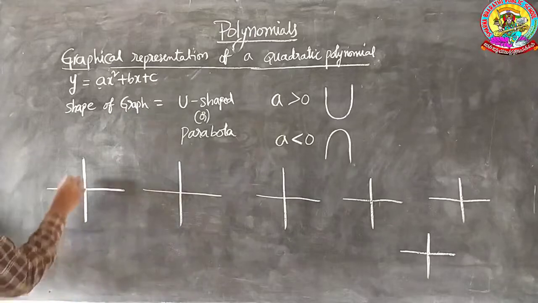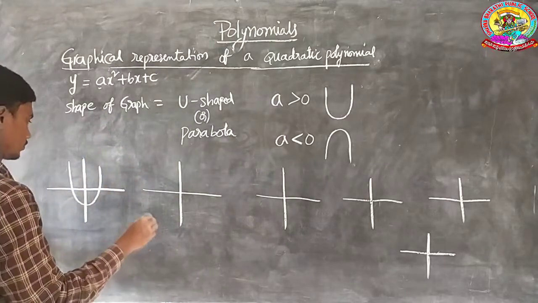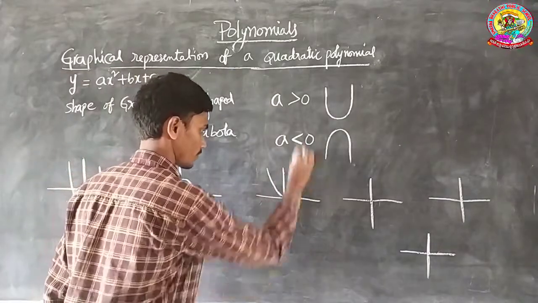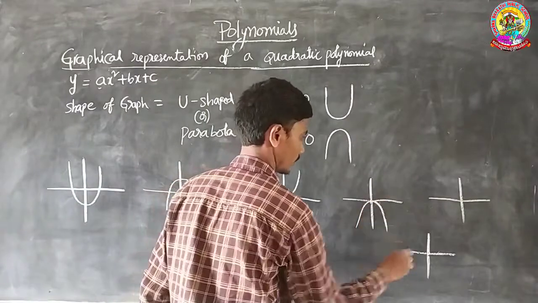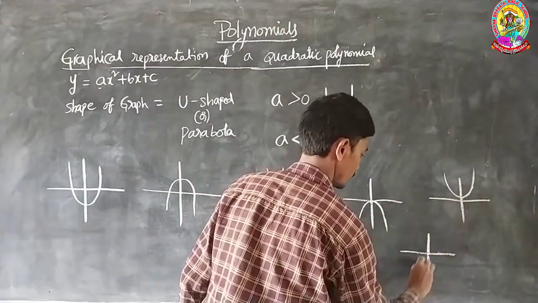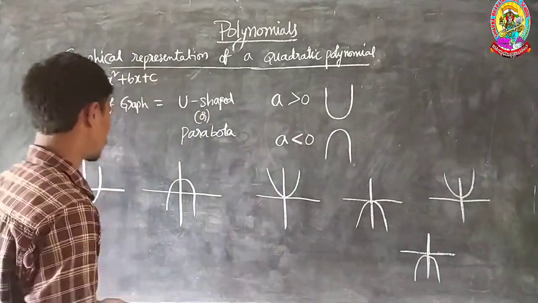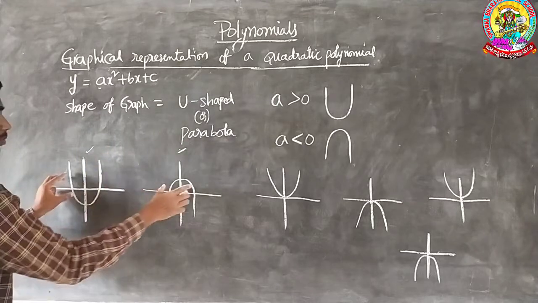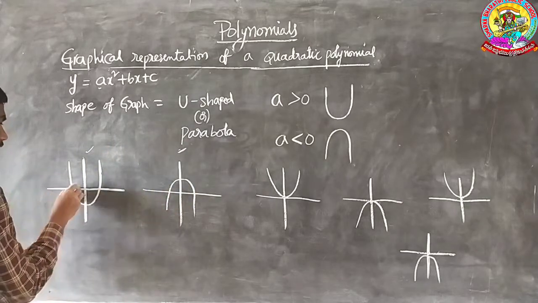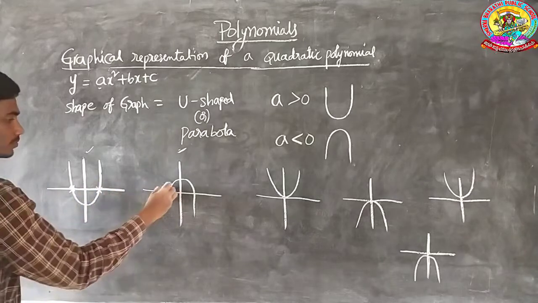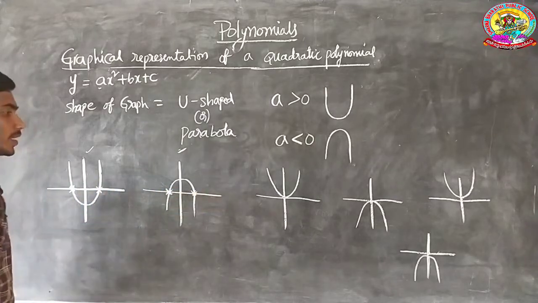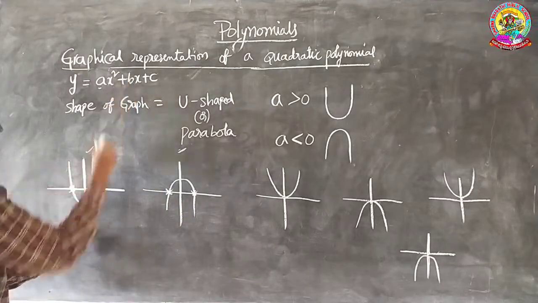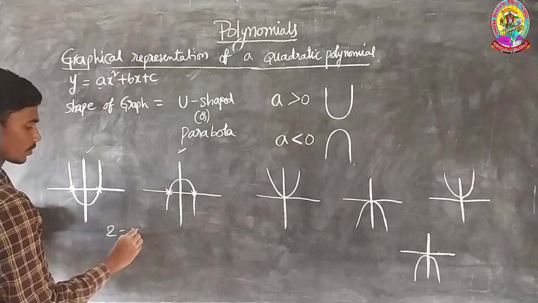The graphs may be like this. First of all, if you observe these two graphs, the parabola intersects the x-axis at two distinct points, which means that the parabola or the given quadratic equation has two zeros.